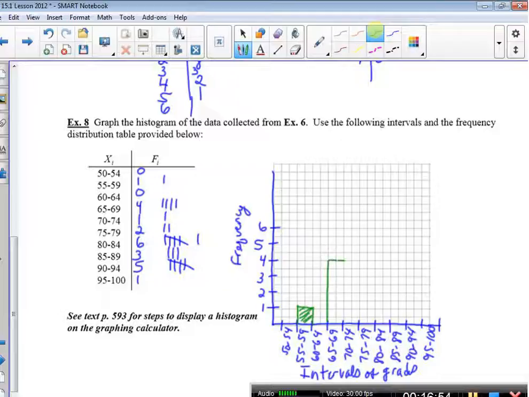So we let the bars touch. And then 1 from 70 to 74. 75 to 79 was 2. 80 to 84 was 6. 85 to 89 is 3. 90 to 94 was 5.